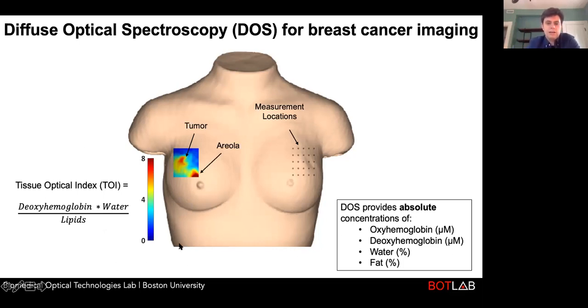It's simply an empirical index that in the past we've seen gives us high contrast for tumor. But we can make maps like this for the other chromophores as well as absorption and scattering. This is what we track through time. So you can imagine if we image a patient today and then 2 weeks from now, we can look at this region of interest and see if anything's changed.